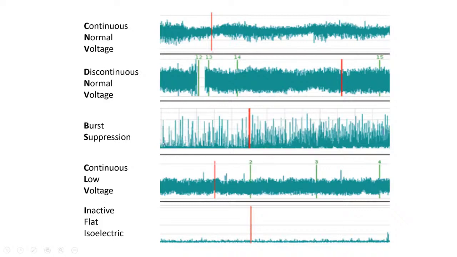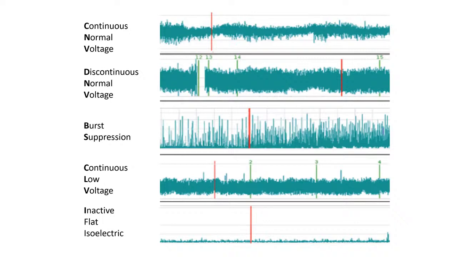Burst suppression is a mixed pattern. Like I was talking about with the seizures, where the activity becomes very consistent as the rhythmic pattern continues, with burst suppression you have this excessive discontinuous pattern. Remember, discontinuous means mixed amplitudes.